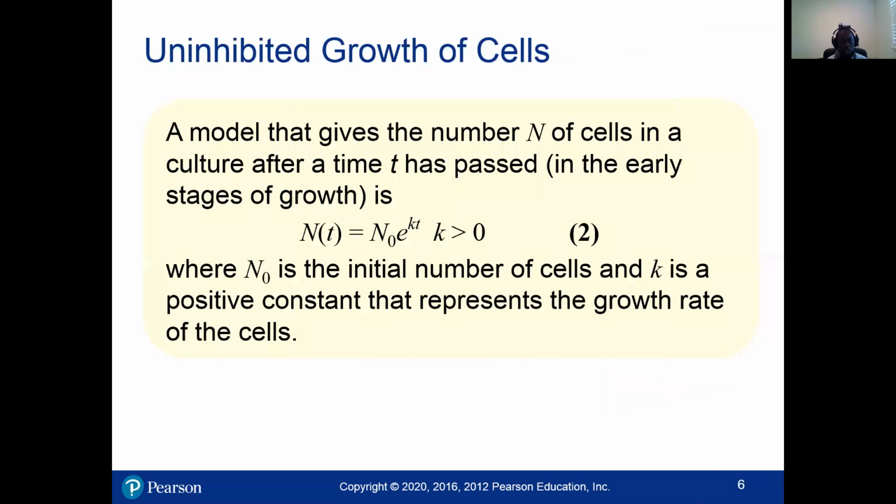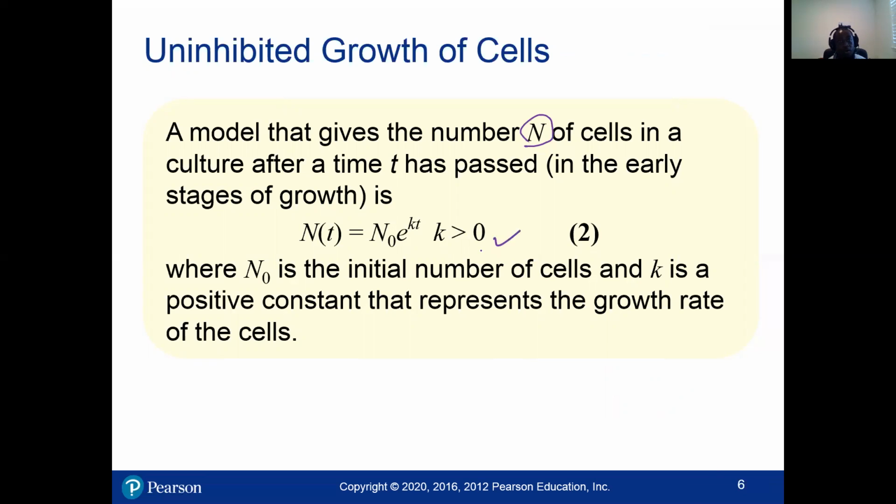All right. So we want to look at the uninhibited growth of cells. There's a model that gives the number, a capital N, of cells in a culture, in ecology, or in a colony, after a time t has passed. It is given by this function.